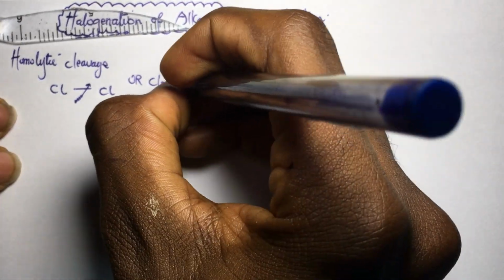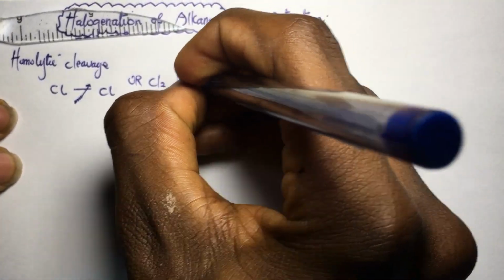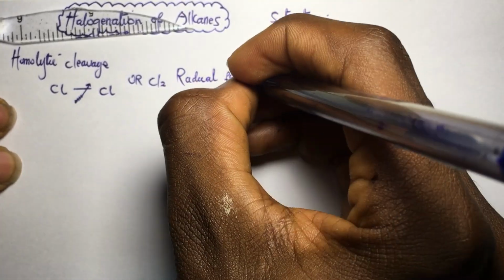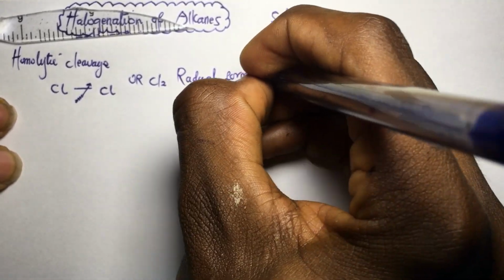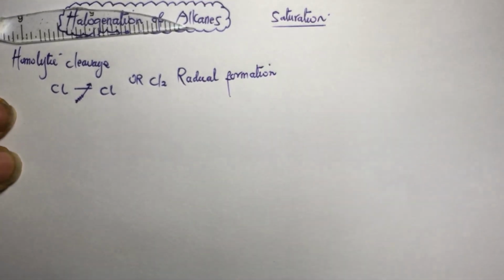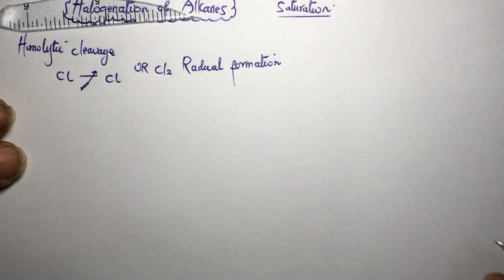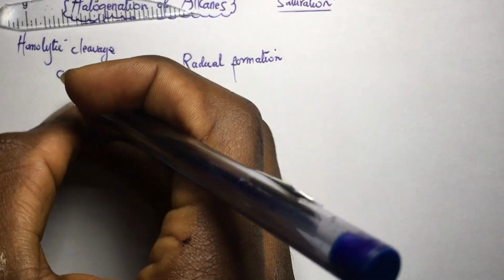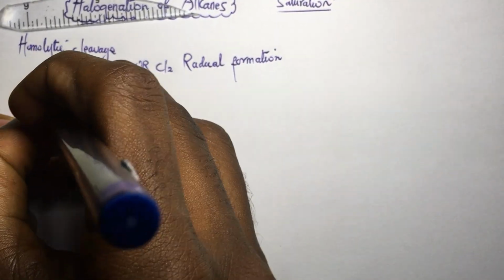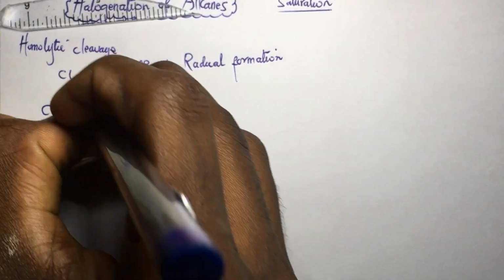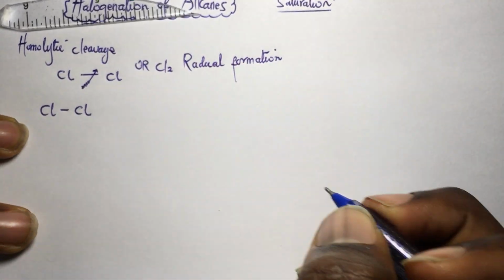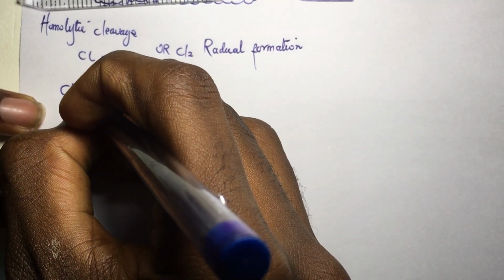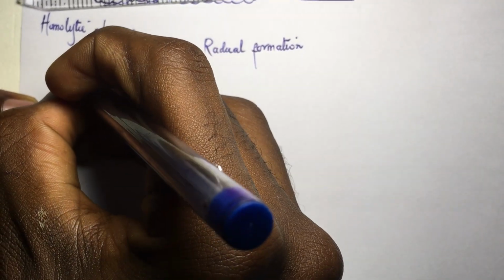So radical formation. Radicals are very reactive. I want us to understand the basis of this before we start with the halogenation, either chlorination or bromination. You can have your Cl bonded to your Cl. If you are splitting the bond, you are going to have one electron falling onto this and also one electron falling onto this.